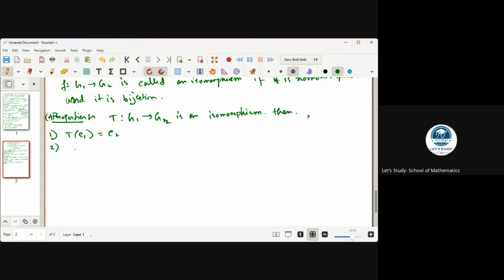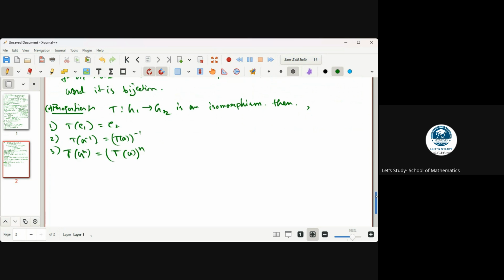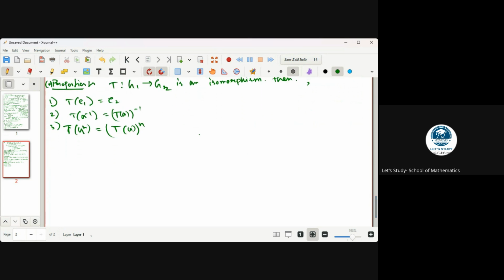The second one is T of a inverse equals T of a, whole inverse. The third one is T of a to the power n equals T of a, whole to the power n. And this is true for all a belonging to G, n belonging to Z. I am not writing that.